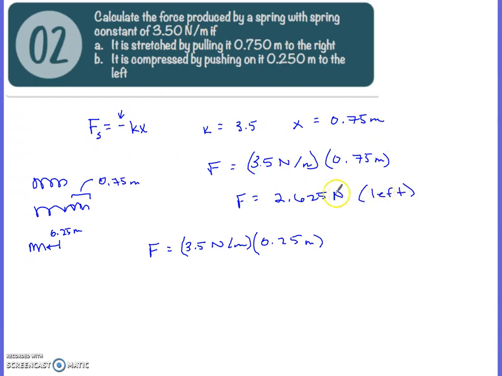The spring force will oppose what we're trying to do. And so when we compress it to the left, the spring force is going to be pushing back to the right. So 3.5 times 0.25 gives me a force of 0.875 newtons pushing back against me. If I have pushed it to the left, it's going to try to push back against that. It's a restoring force. Okay, so let's do another one.